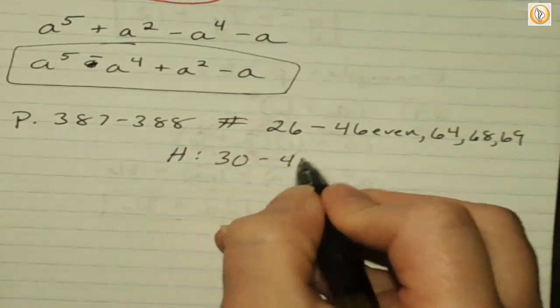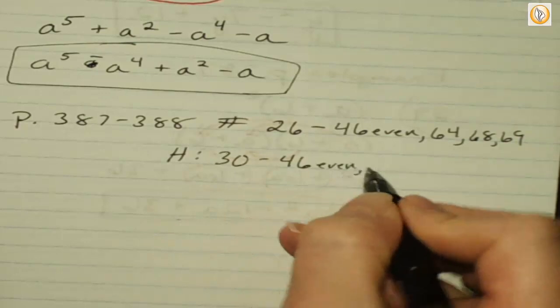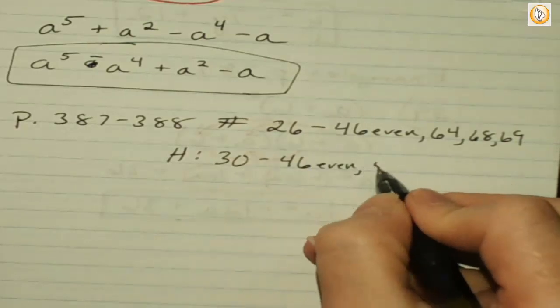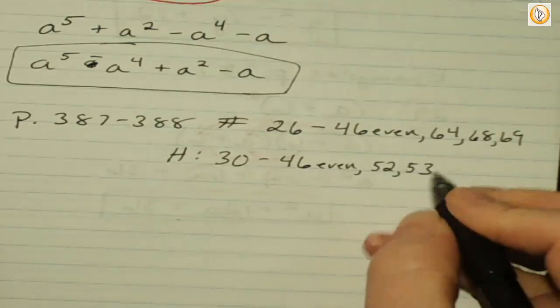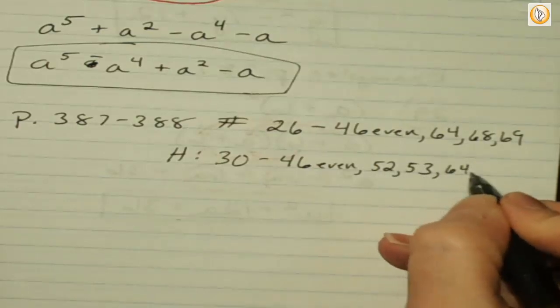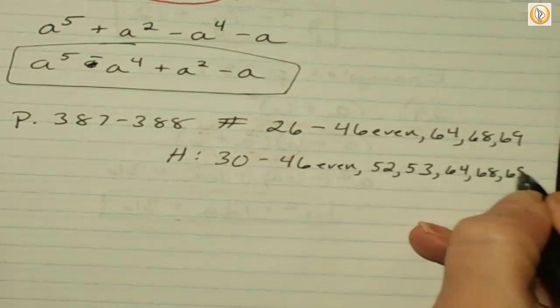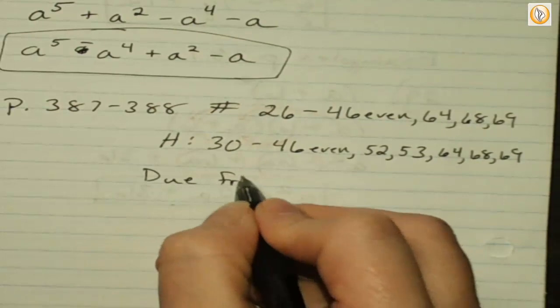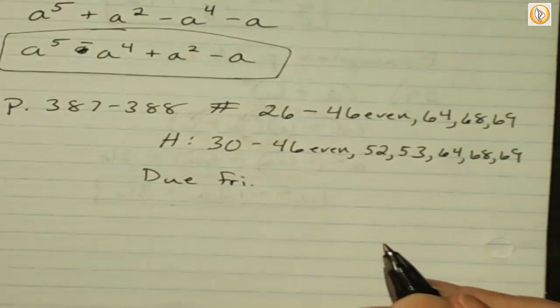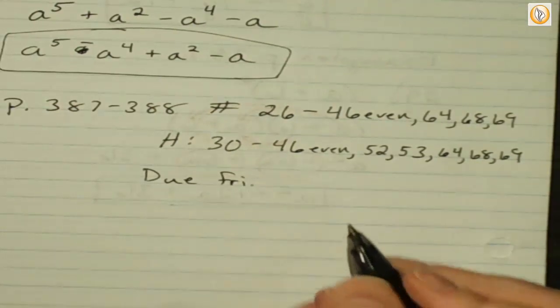Honors: 30 to 46 even, 52, 53, 64, 68, 69. This is due Friday. That's less than 15 problems. That's like 14 problems or something like that.